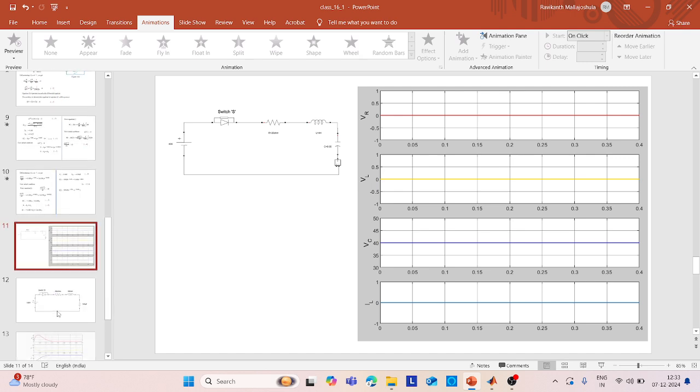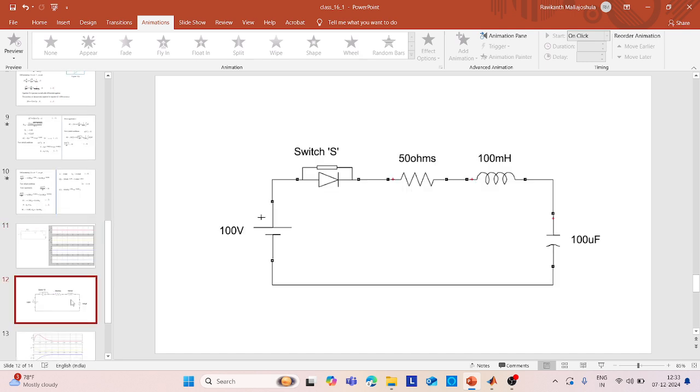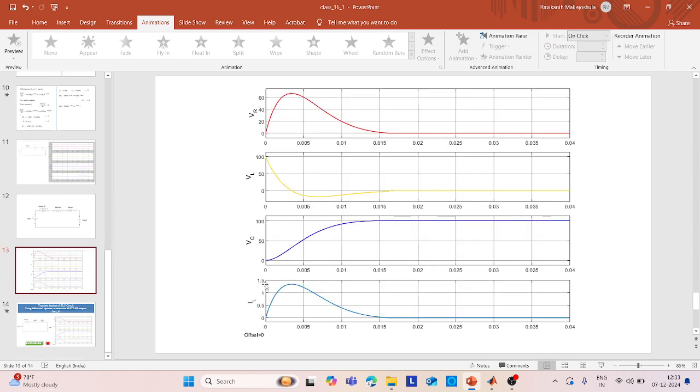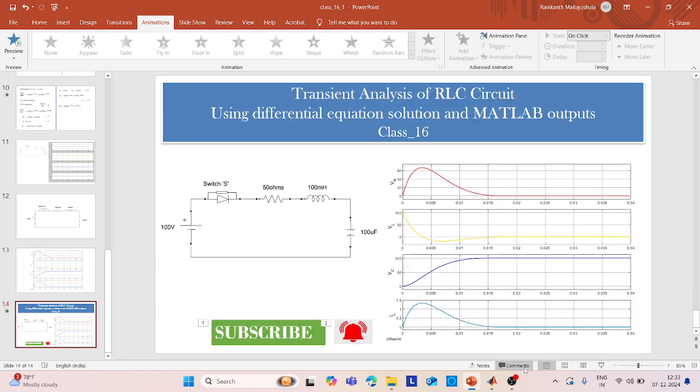And when you apply the same for different values of inductors and capacitors, like 100 millihenries and 100 microfarads, we have observed the behavior of the switch under transient conditions, and the waveforms are obtained like this, where the open circuit becomes the open circuit voltage of the capacitor, that is the 100 volts, and that is what we have seen over here.